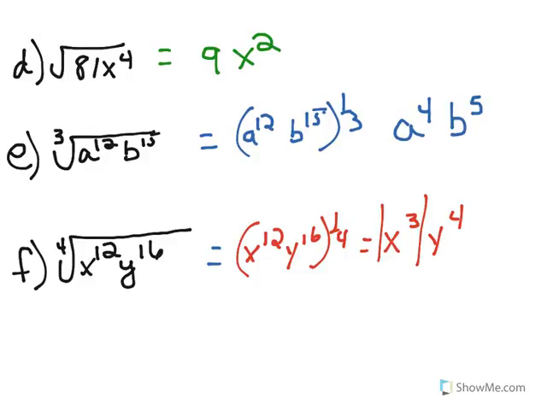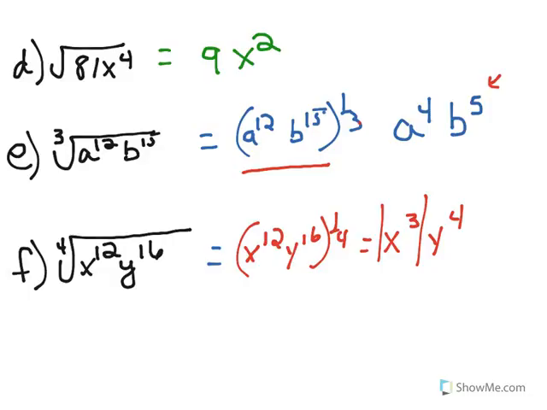Okay, let's take a look. For D, we were looking for the square root of 81, and that's 9 times 9, and x squared. For E, you can see that it's just to the 1/3. So I have a to the 4th and b to the 5th.